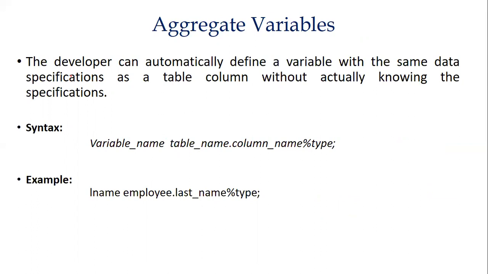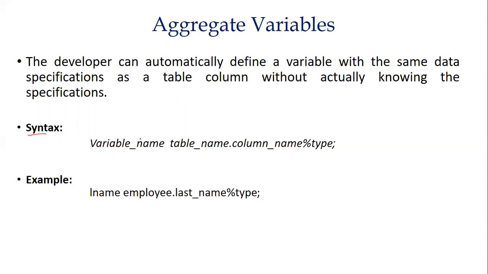You can also declare a variable according to the table column. Sometimes we are unaware of the data type of the column, the value of the column, or the name of the column. So according to that you can declare the variable by just writing this syntax. Such variables are called anchored variables.